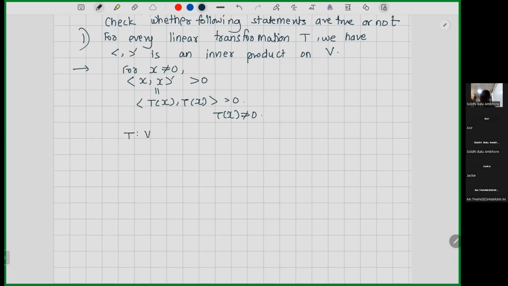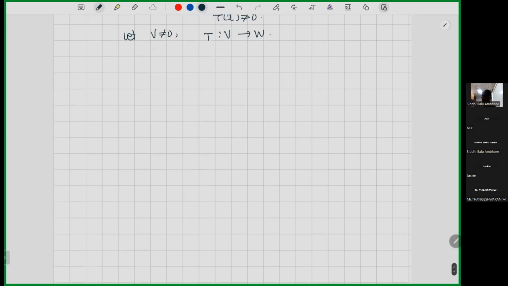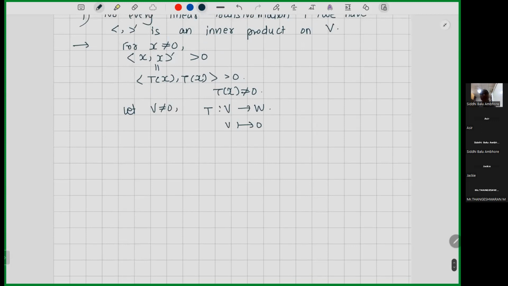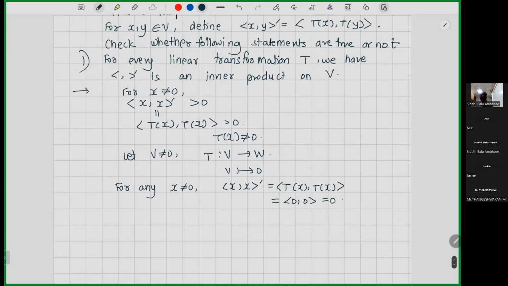So simply take T from V to W. Let V be a non-zero vector space and T is from V to W. So W be any space which has an inner product. Then we can take this map, right? Everything is going to 0. So in that case, for any non-zero x, since V is non-zero, we have this ⟨x, x⟩' is what? ⟨Tx, Tx⟩, which is always ⟨0, 0⟩, which is equal to 0. Okay, so this is not true for any given linear transformation.